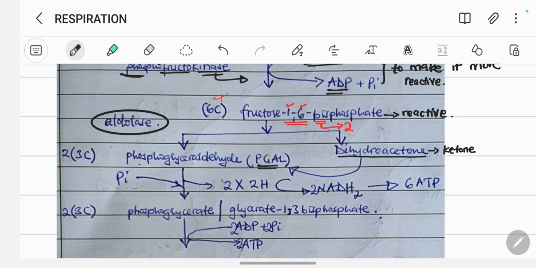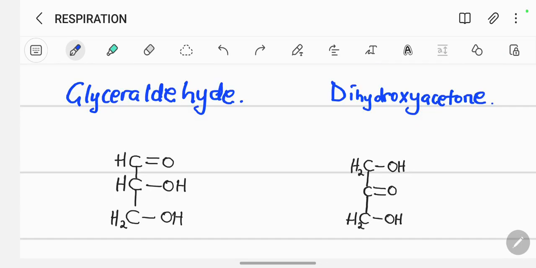We find this PGAL in chemicals of life. The same with dihydroxyacetone. And this PGAL is also going to be found in photosynthesis. So I'm going to try to draw their structures.